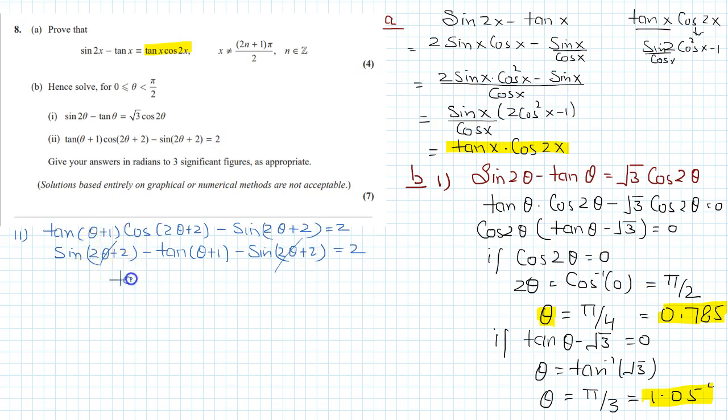So we have tan theta plus 1 is equal to minus 2. So theta plus 1 is equal to tan inverse minus 2. And tan inverse minus 2 is 1.107.